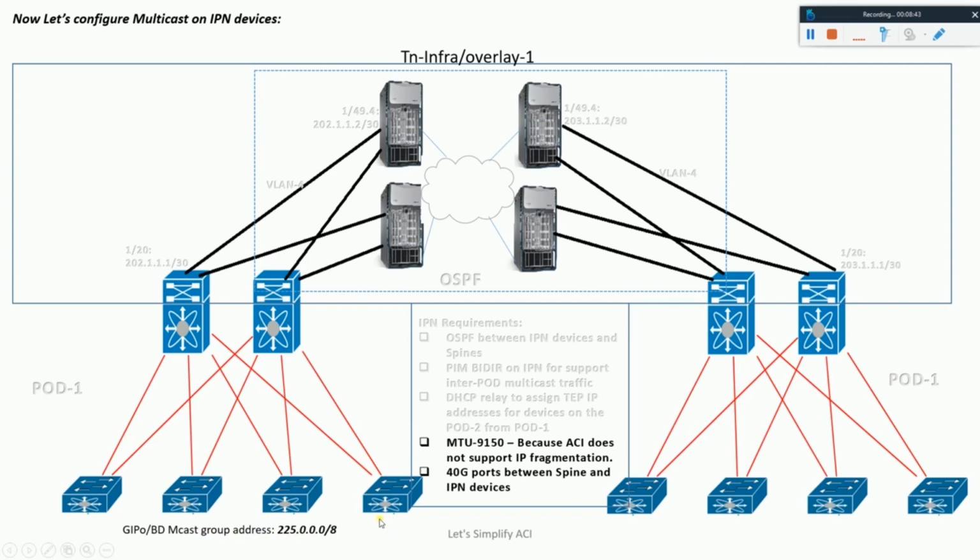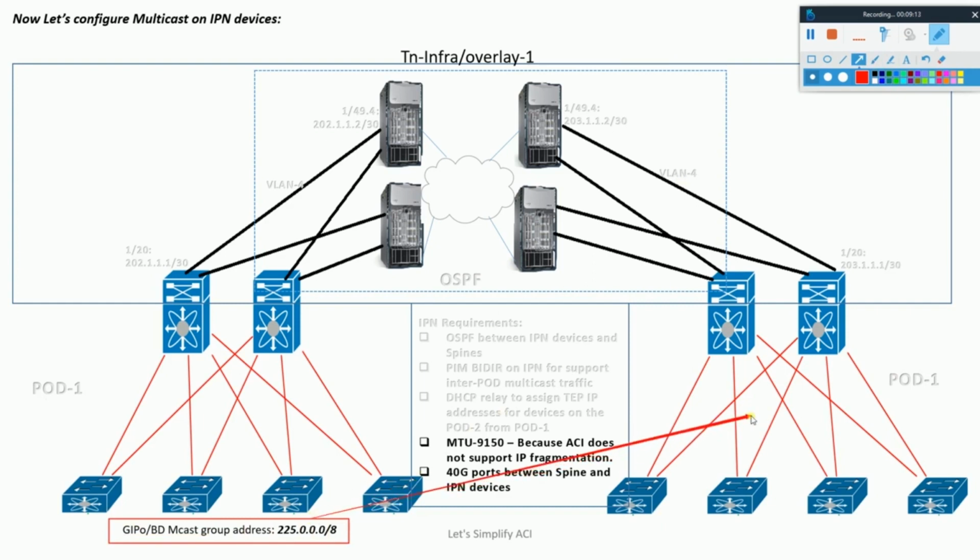So how it works inside ACI is that whatever bridge domain we configure in ACI, it acts as a multicast group for the group of EPGs which are bound to that particular bridge domain. Now, because we are extending the fabric from pod 1 to pod 2, we need to have this multicast group extended, and it should be able to communicate to the other pod over the IPN network.